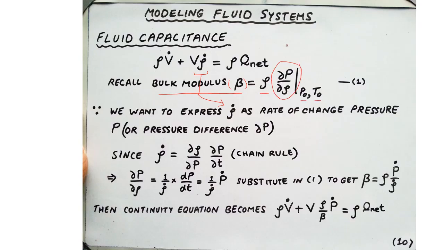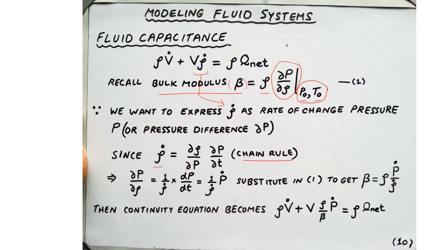So remember, it is defined at a given pressure and temperature, and we're going to eliminate rho dot by representing it in the form of beta and the rate of change of pressure. All right, so first we need to express rho dot by using a chain rule.